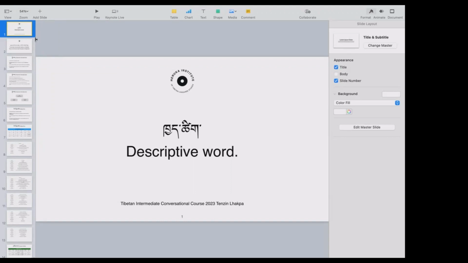Welcome to the intermediate conversation course. Today we're going to discuss a little bit about the descriptive word. Very interesting.